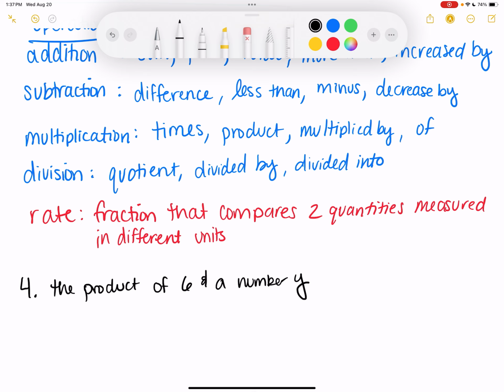So what operation am I using with this one? It says product. Yep, multiplication, so it will be 6 times y. If you just write 6y, I think we talked about that the other day, you can do that without having to put the little multiplication symbol in there, if it's a number and a letter.